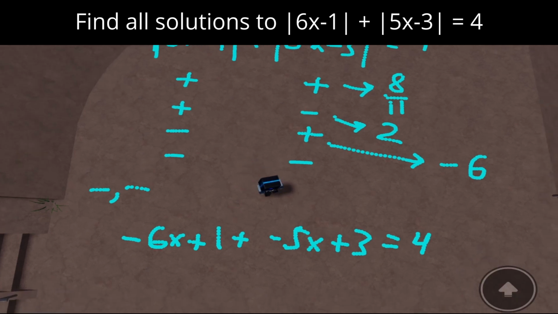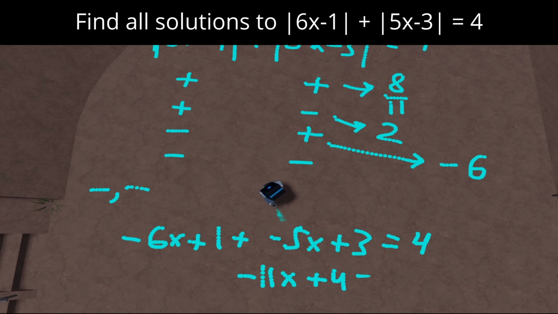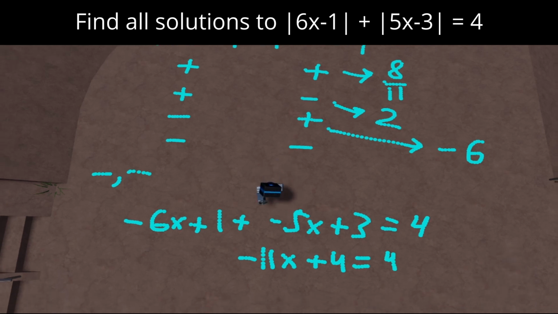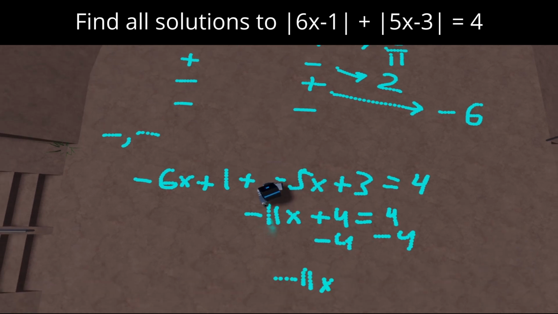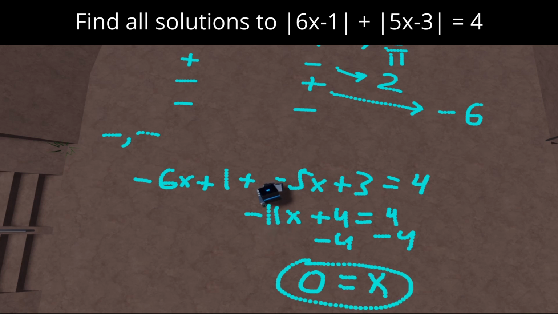If we do this, we're just going to get -11x + 4 = 4. Subtract 4 from both sides, and then you have -11x = 0. Well, if -11x is equal to 0, x just must be 0. You can also divide both sides by -11, and then 0 divided by -11 is just equal to 0. So this case gives that 0 = x.